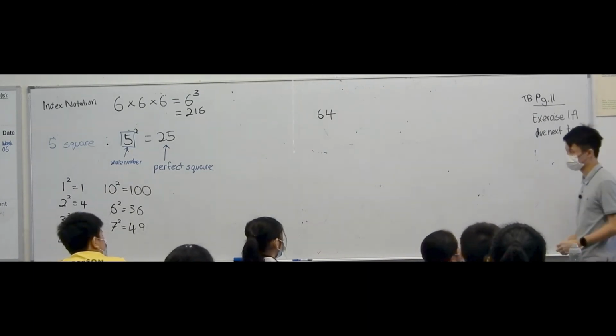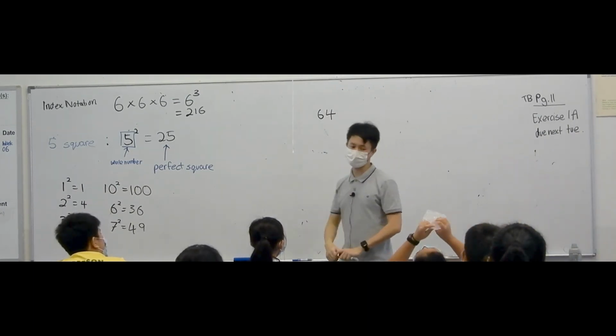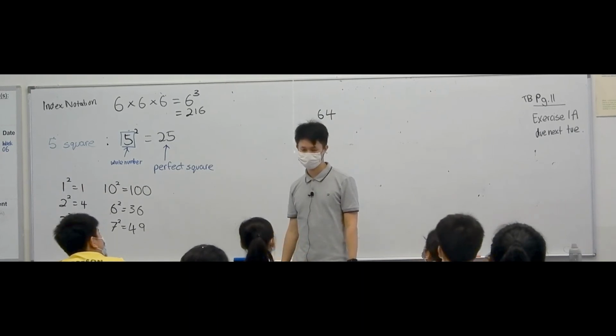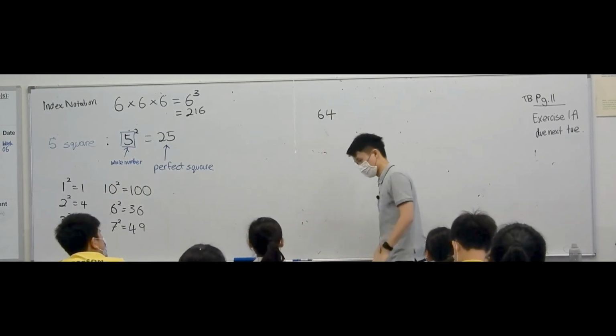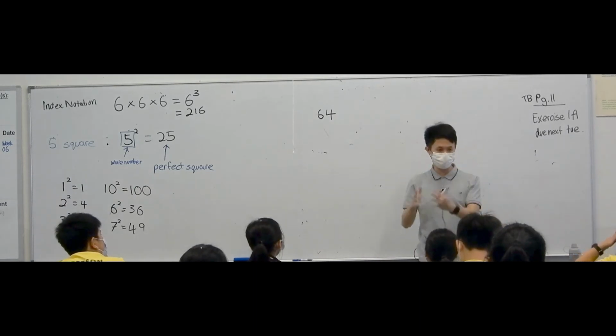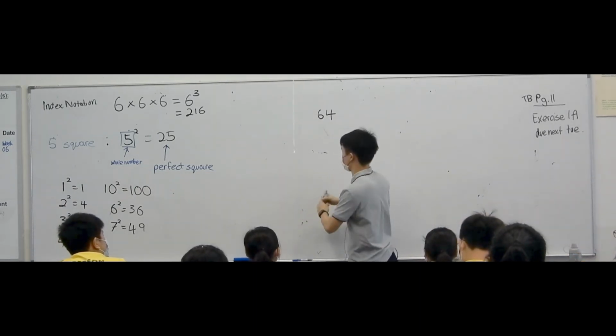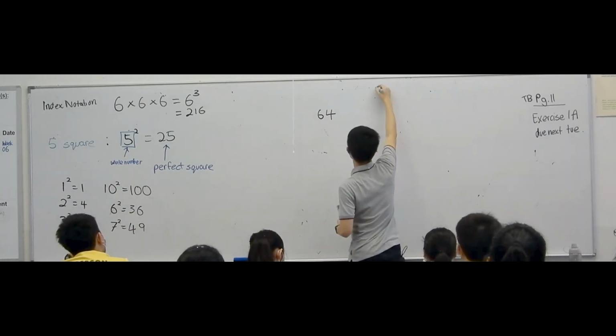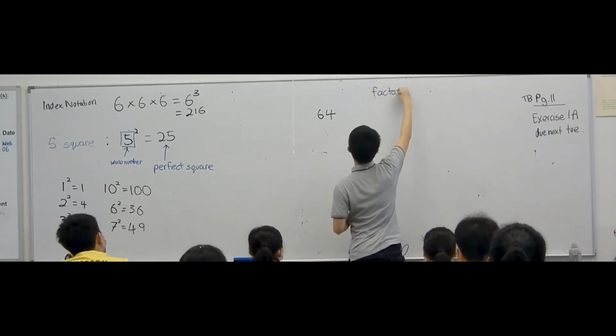How do I tell that this is a perfect square? 8 times 8. You all know it's 8 times 8. But that means you are using what you know, which is factors. You use factors to help you decipher. But is there a way not to use factors?